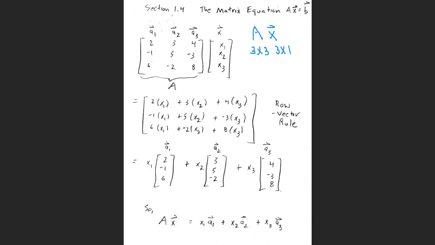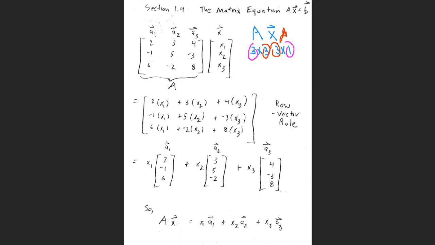And since the column number of the matrix A matches the row number of the vector x, the matrix product is defined. That matrix product is itself going to be a vector with 3 rows and 1 column.